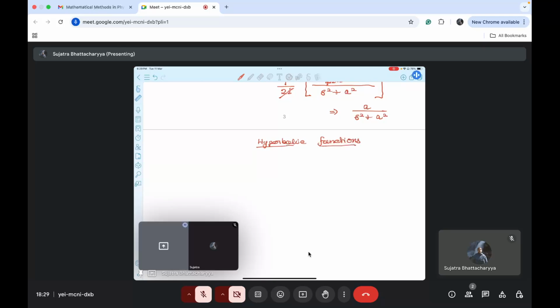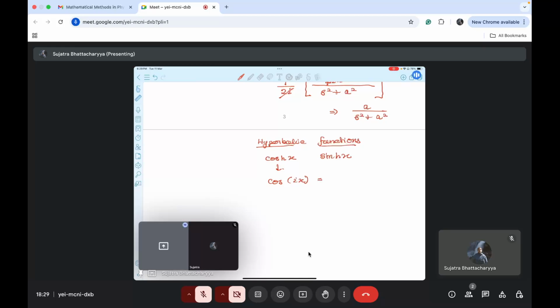For example, you have cos hyperbolic x or sine hyperbolic x. So how will you write this? Cos hyperbolic x is nothing but cos of iota x. Instead of cos x, I am writing cos of iota x. So what is the definition of cos?